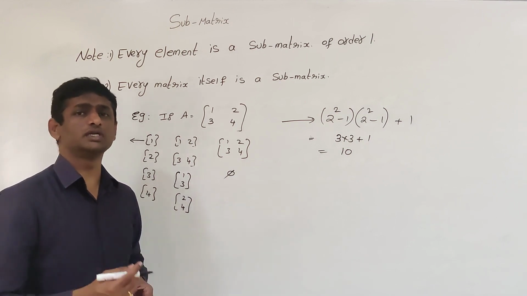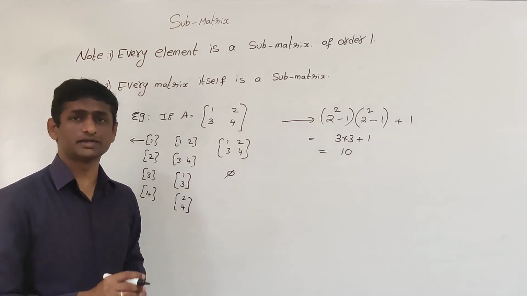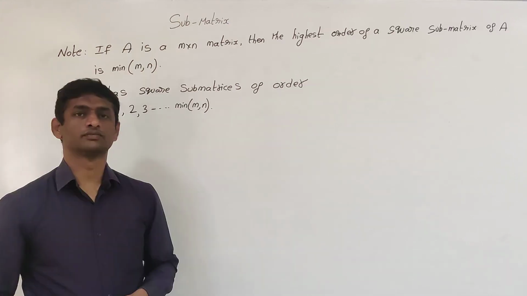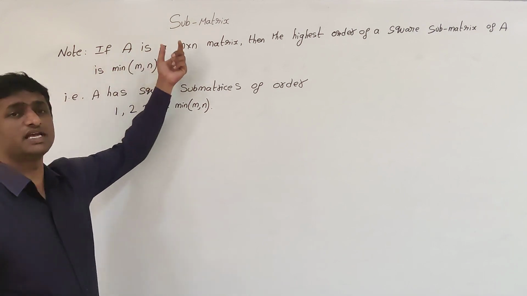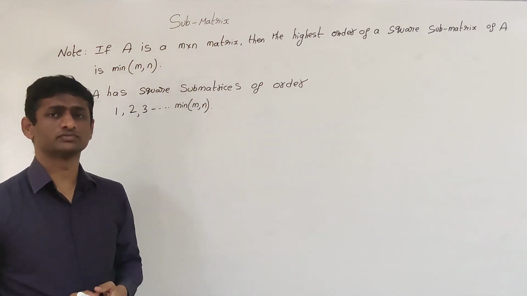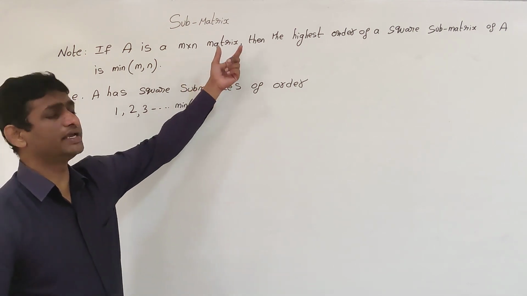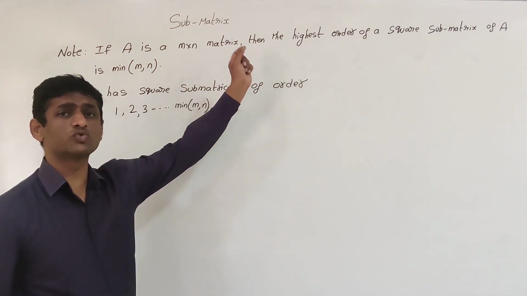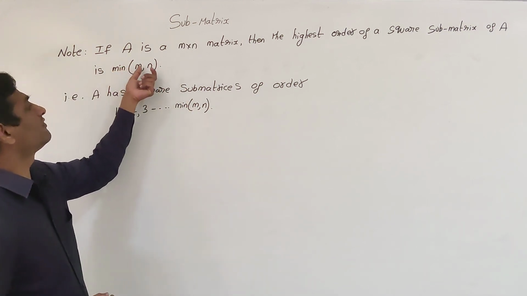Now we'll go in general. What are the square submatrices? So what is the property? If A is an m by n matrix, which has m rows and n columns, then the highest order of a square matrix which we can obtain is the minimum of m comma n.